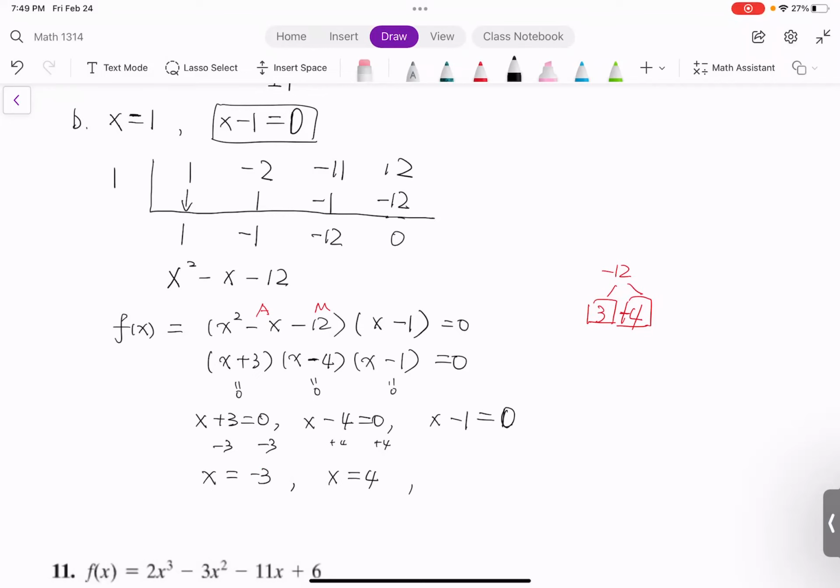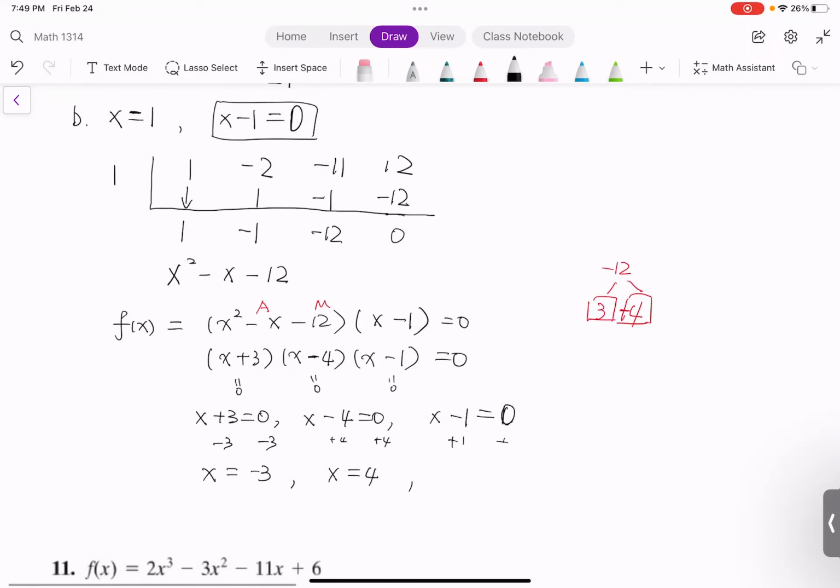I'm sorry, that's a typo. Plus 1 here: x equals 1. So we have 3 solutions, -3, 4, and 1. So here, number 3, we're solving for the function's zeros. All of these 3 elements in the set are the zeros of the function f.